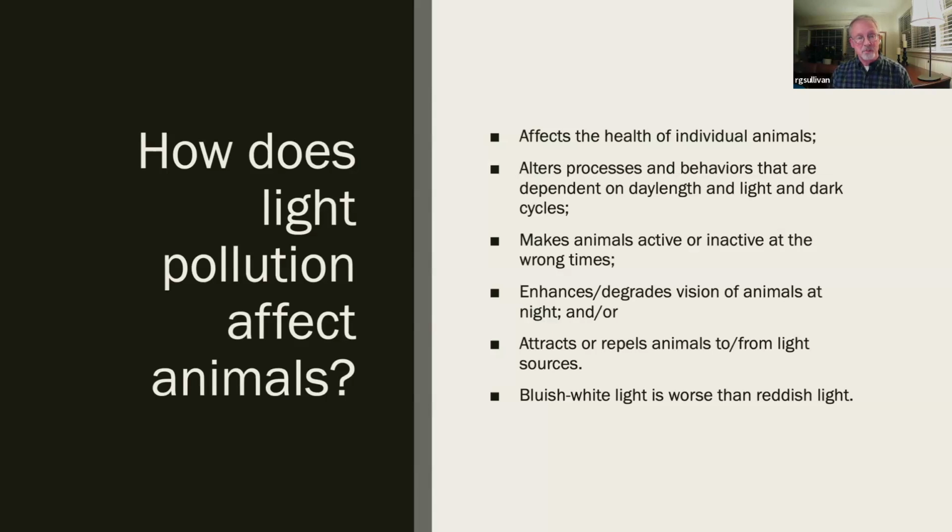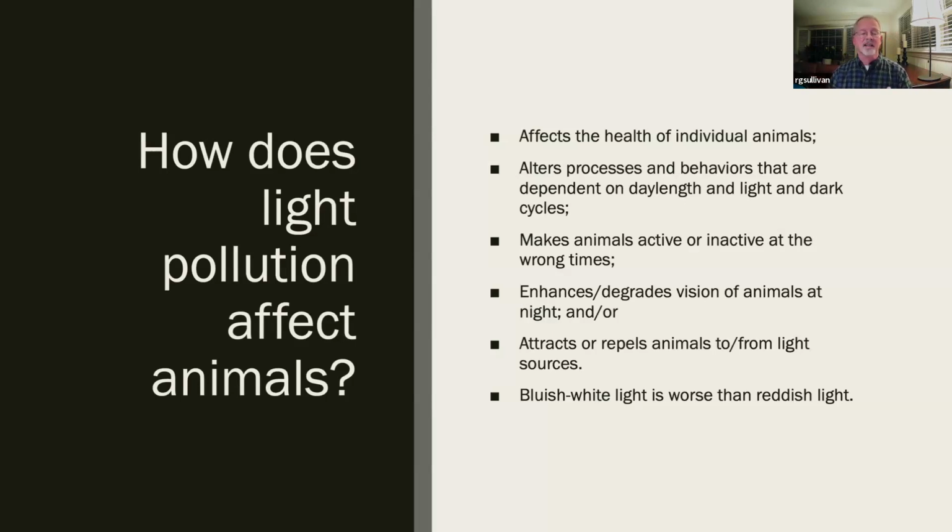If light makes the day longer effectively, that is disrupting that important signal that tells them it's time for me to migrate, or it's time for me to do some other thing, find a mate or what have you. Like humans, it also makes animals active or inactive at the wrong time.